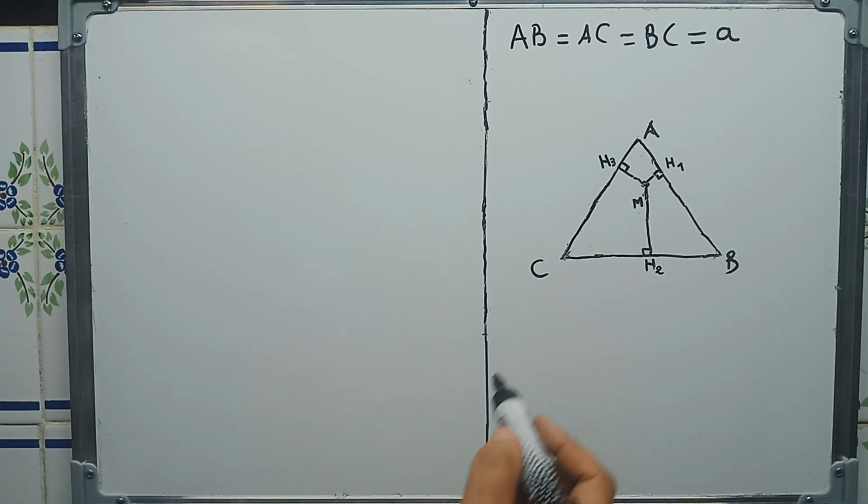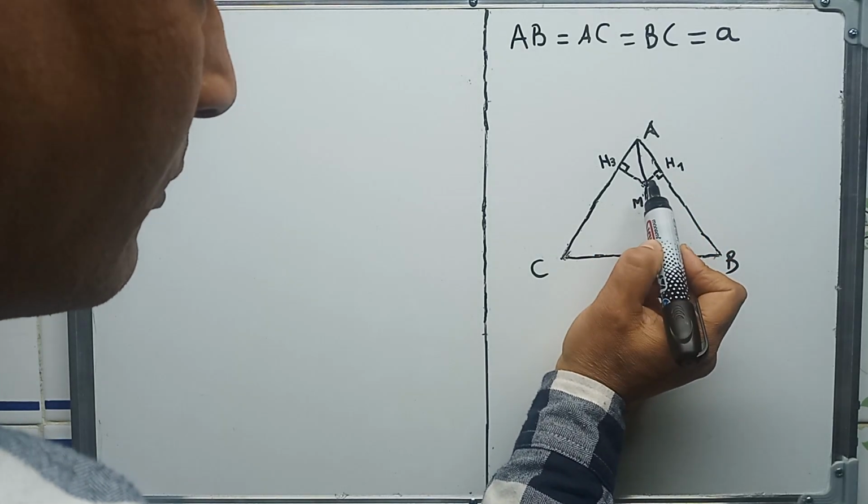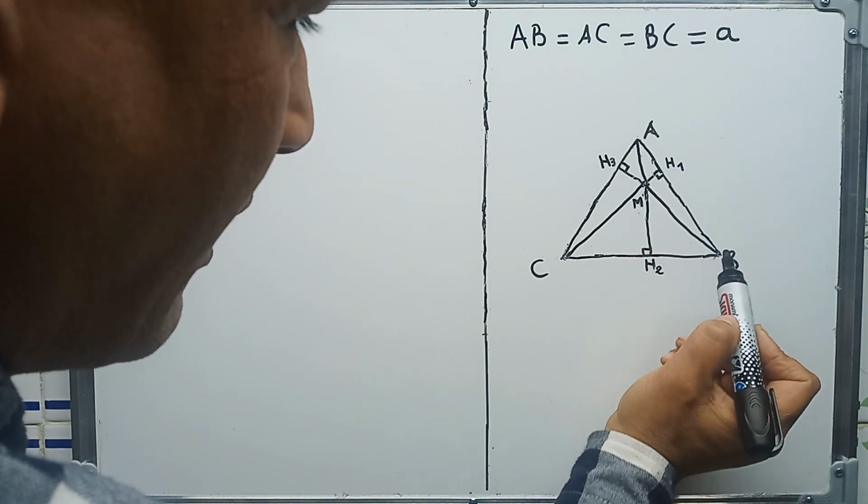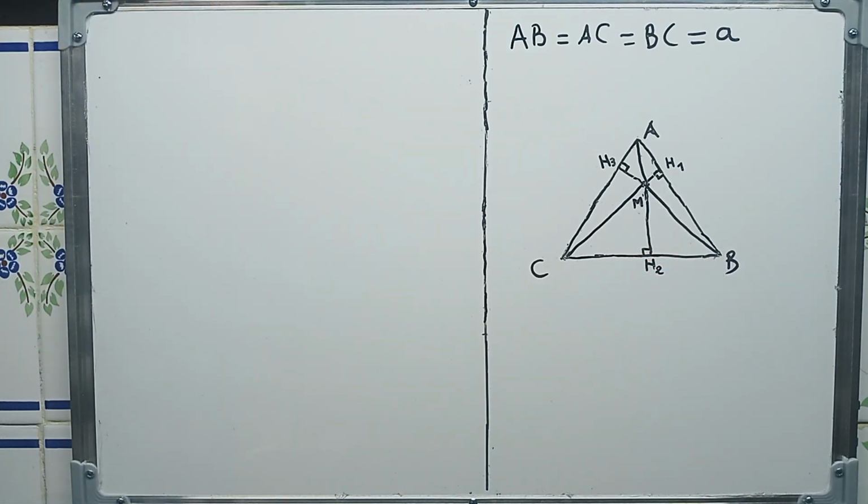First of all, we draw the three triangles like this: MAB, MAC, and MBC. And we calculate their areas.